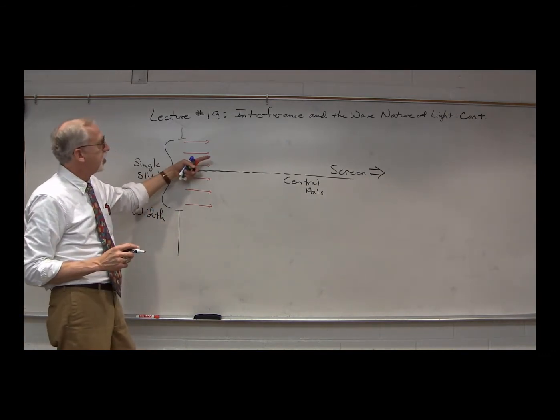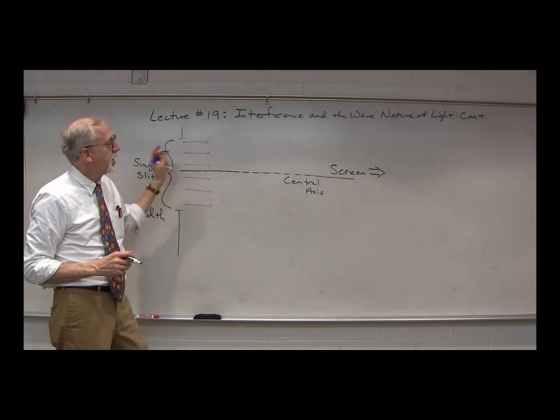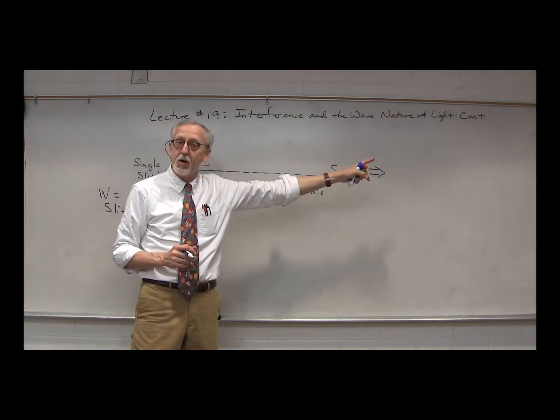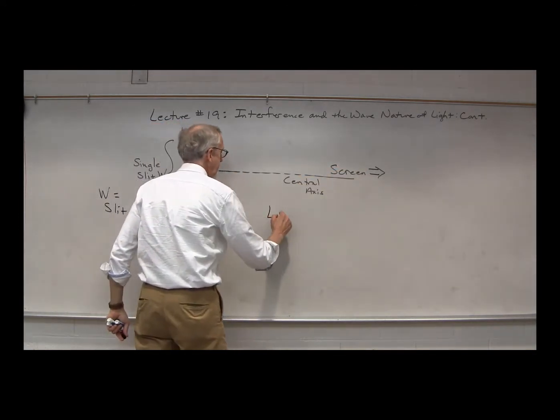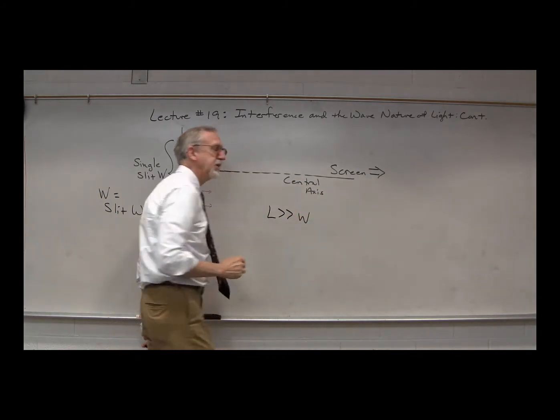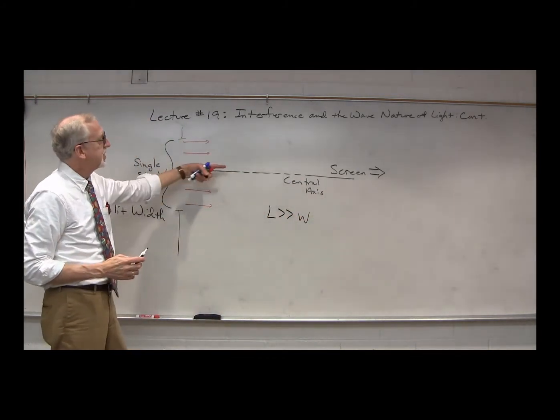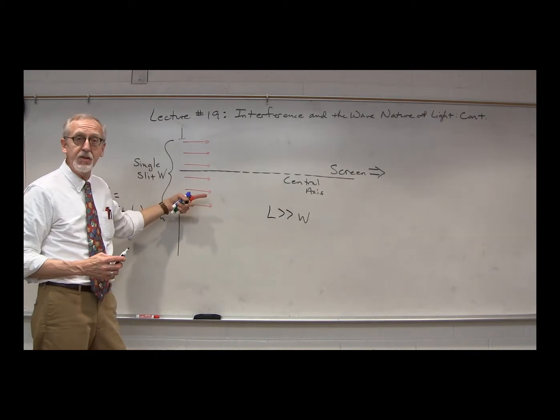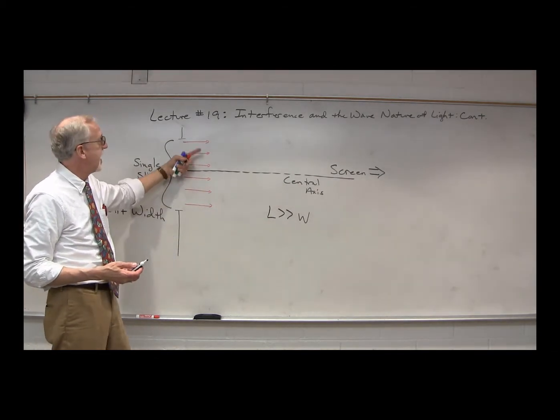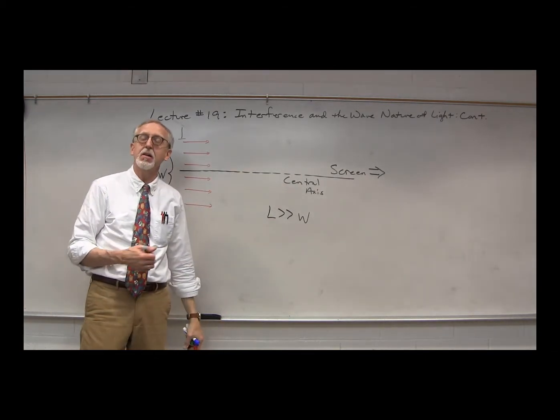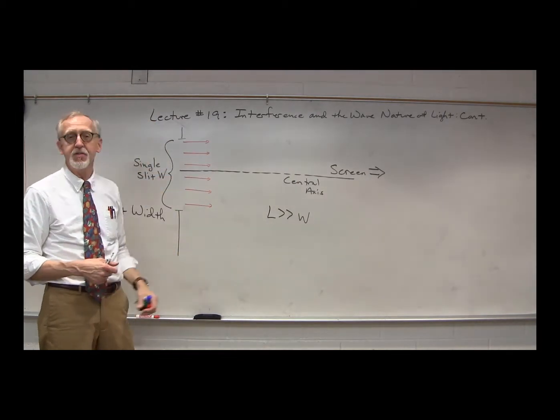So let's imagine we're looking at some angle theta. The screen is very, very far away, so that L is much larger than W. So still, we can assume that all of these rays are going to be parallel to each other, but now they're going off at some angle theta, let's say above the central axis.